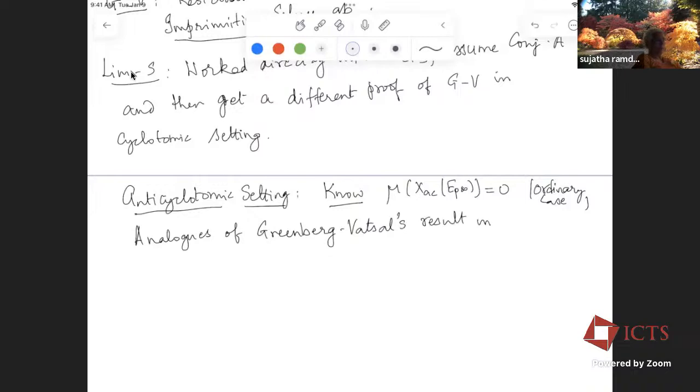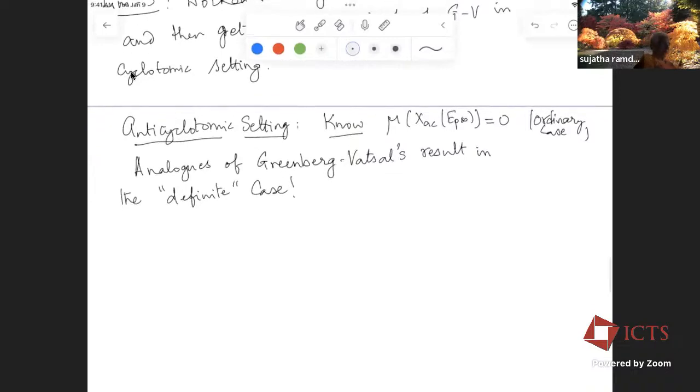Okay, now this is the other subtlety here in what's called the definite case. So without again going into the details, let me mention that in the anticyclotomic setting, there are two broad cases you have to consider. One is called the definite case.